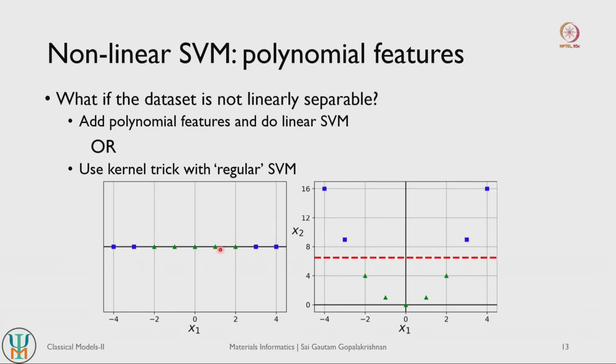So this is an example of a non-linear data set, or a data set that cannot be linearly separated. So what do we do in such cases with support vector machine? There are actually two ways to get out of this. One is that we could add polynomial features and continue to use a linear support vector machine model. The other way is to use the kernel trick and use a more regular support vector machine model.